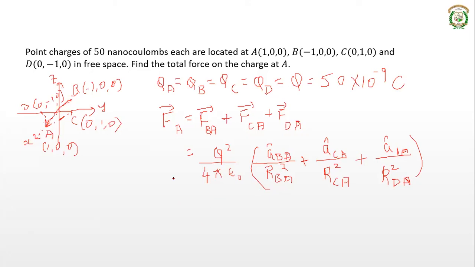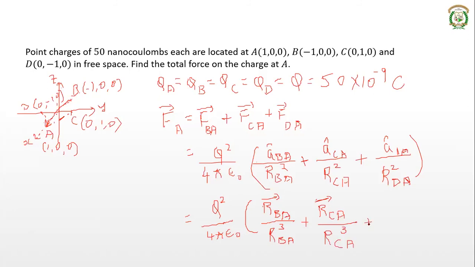So we can simplify this as Q square divided by 4 pi epsilon into the unit vector ABA, which is vector RBA by RBA, so here there will be RBA cube, plus vector RCA divided by RCA cube, plus vector RDA divided by RDA cube. This will be the expression for the force at A due to point charges at B, C, and D when the charges are equal.